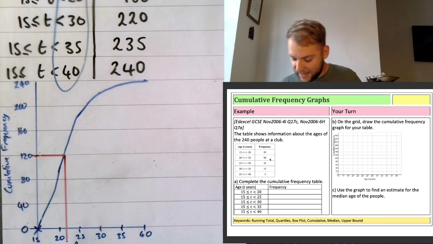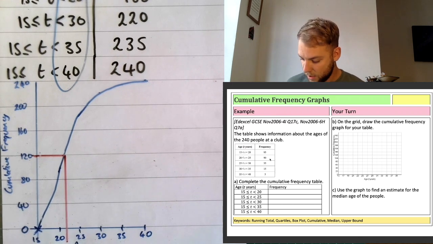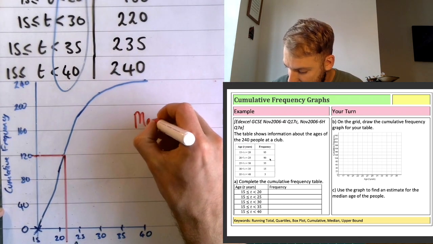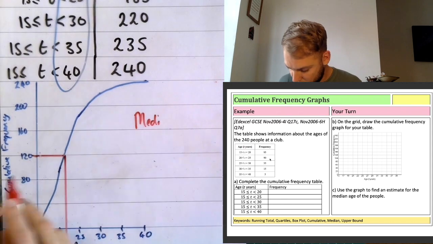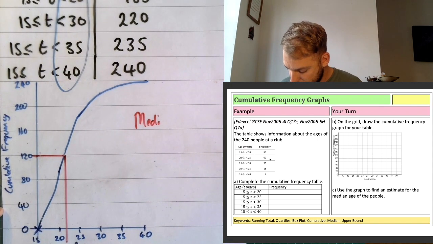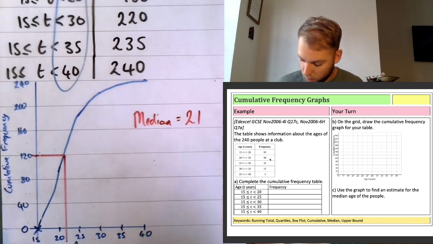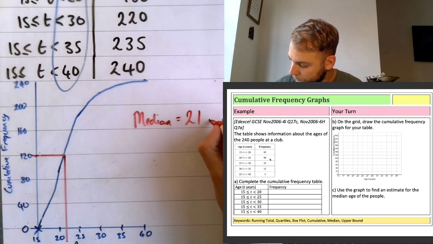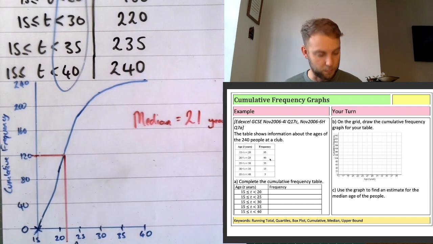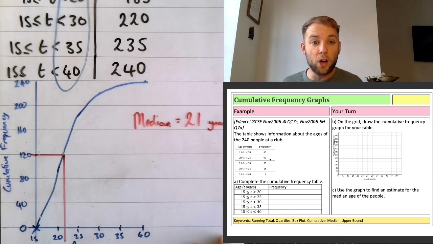So that there is an age of about between 21 and 22. I'd say it's probably closer to 21. So the median is equal to 21 years old. Or 21 years.